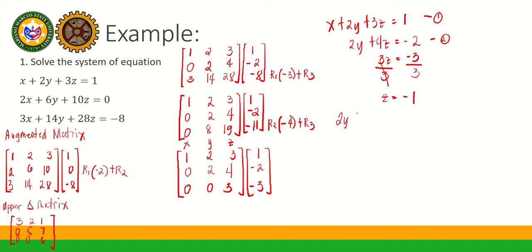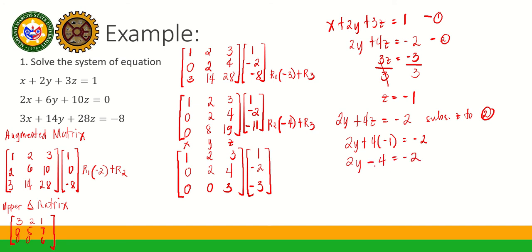So, sulat natin si second equation. So, 2y plus 4z equal to negative 2. So, substitute z to equation 2. So, this is equal to 2y plus 4 times negative 1 is equal to negative 2. So, 2y, 4 times negative 1 is negative 4 equal to negative 2. So, we are going to transpose si numerical constant natin dito sa right side para yung matira sa left side natin is only the variable.